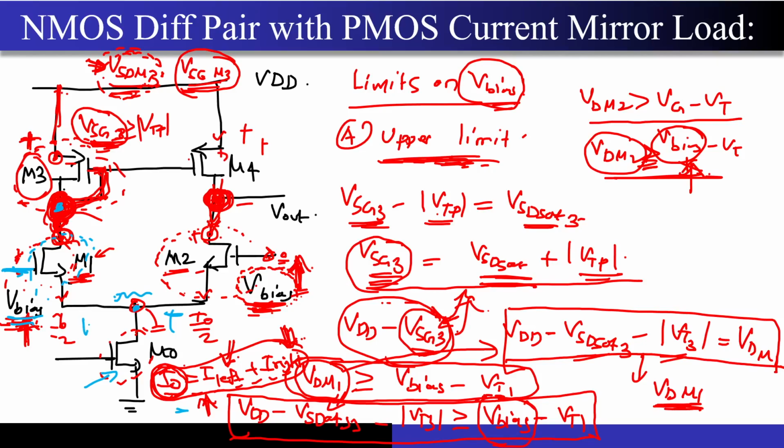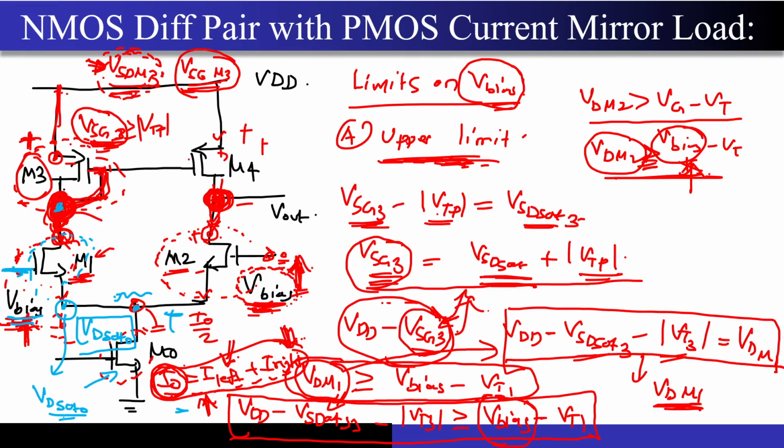And what is the minimum headroom? Remember, this MOSFET needs VD-SAT 0 voltage to remain in the saturation region, correct? So that means, if you look at the source of M1, correct? Now the source of M1 cannot go below VD-SAT 0. Correct?